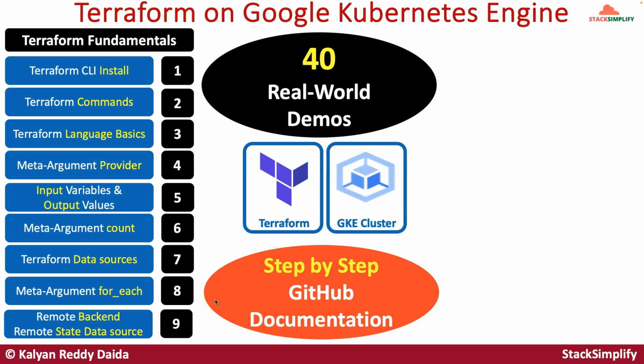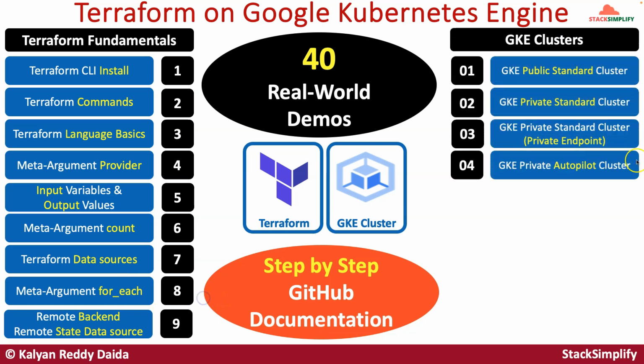Once we complete the fundamental demos, we'll move on to implement different types of GKE clusters, like creating a GKE public standard cluster using Terraform and creating a GKE private standard cluster using Terraform, and what all resources are required for that.